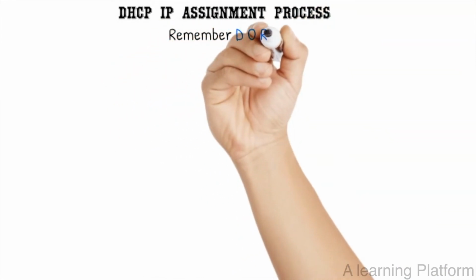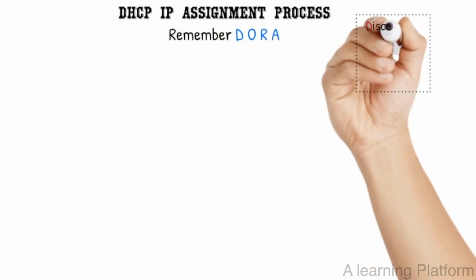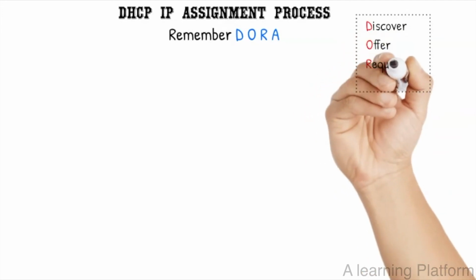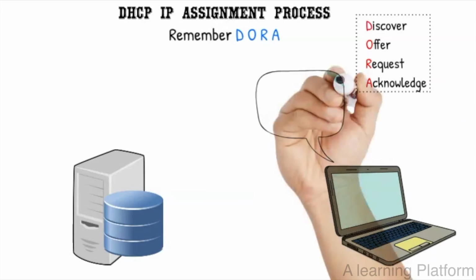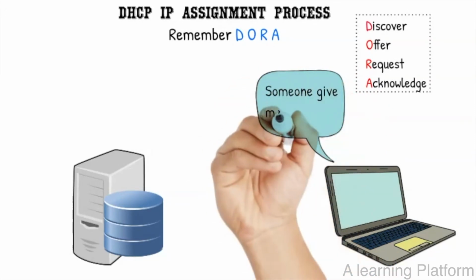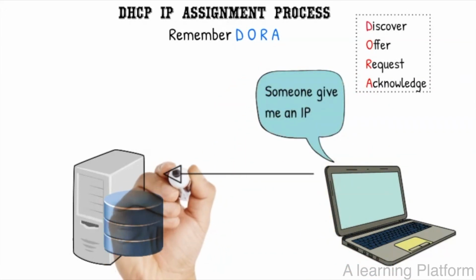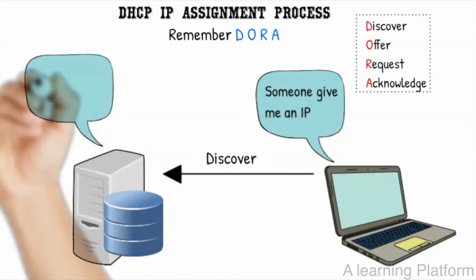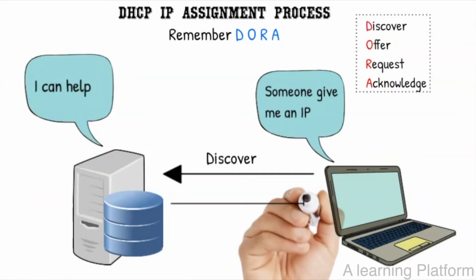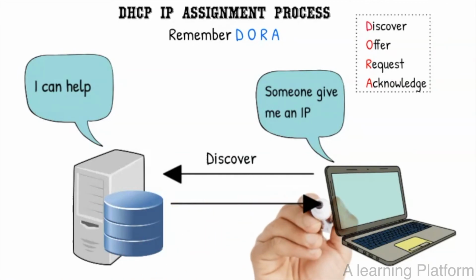Let's understand the DHCP IP assignment process. Remember the acronym DORA, which stands for Discover, Offer, Request, and Acknowledge. A client broadcasts a DHCP discover packet looking for a DHCP server. A DHCP server receives the request and sends out a DHCP offer to the client.